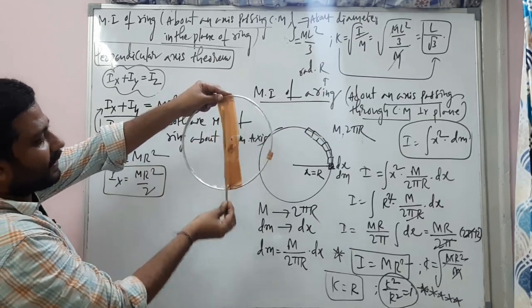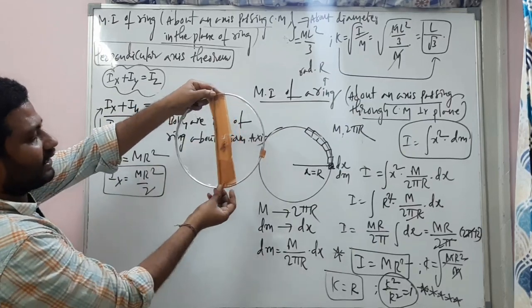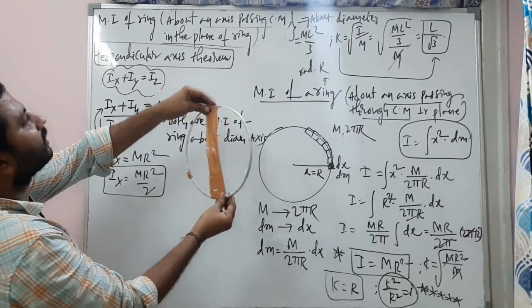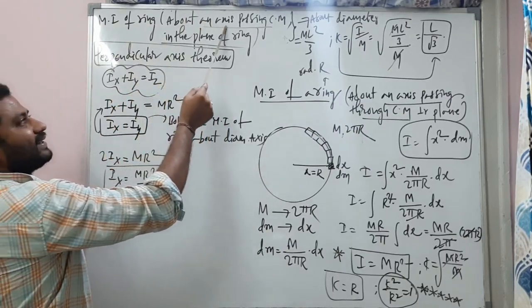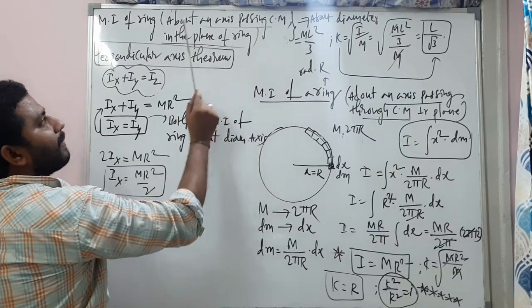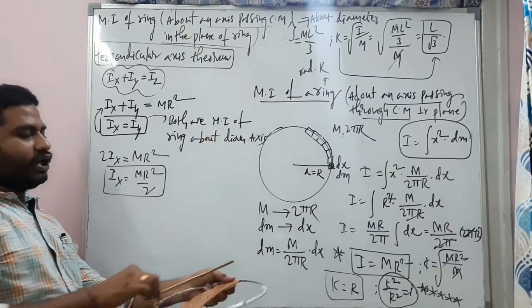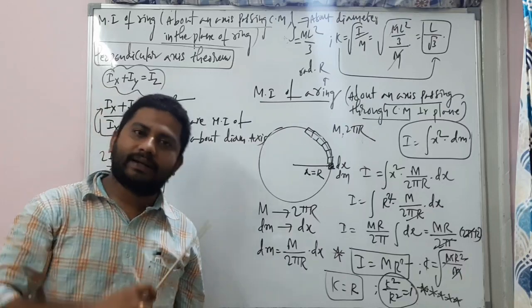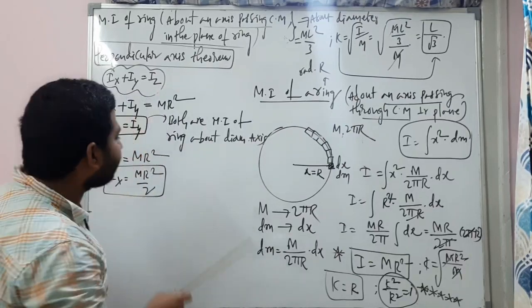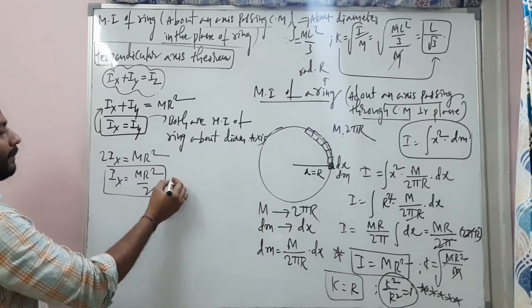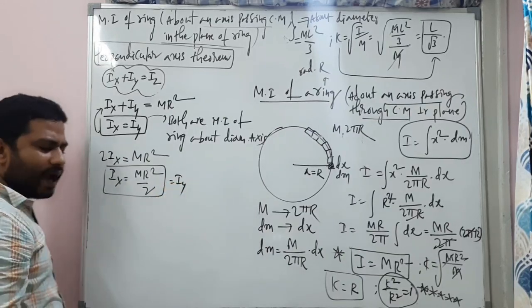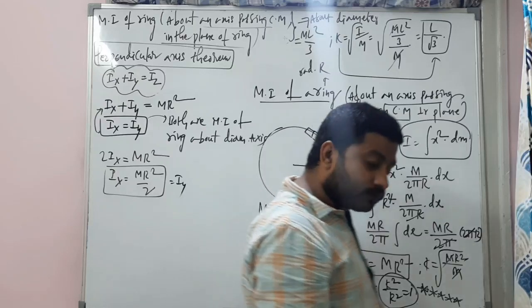This is also an axis passing through the center of mass. Understand? Clear? So the moment of inertia of the ring about an axis passing through the center of mass in the plane of the ring. Understand? So what is the answer we have got? MR square by 2. In the same way, Iy is also MR square by 2.